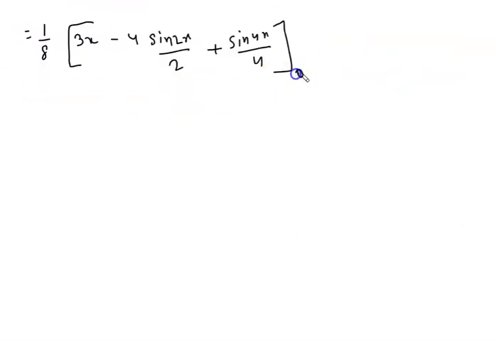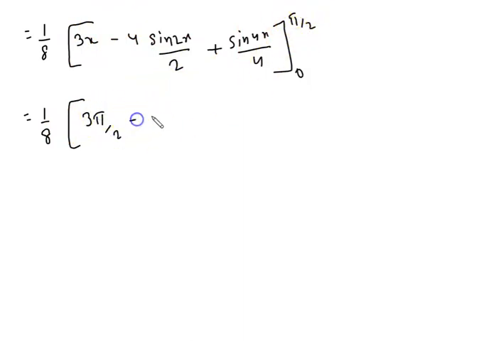Now we will put the limits 0 to pi by 2. So 1 by 8, and first of all we will put pi by 2, because it is the upper limit.